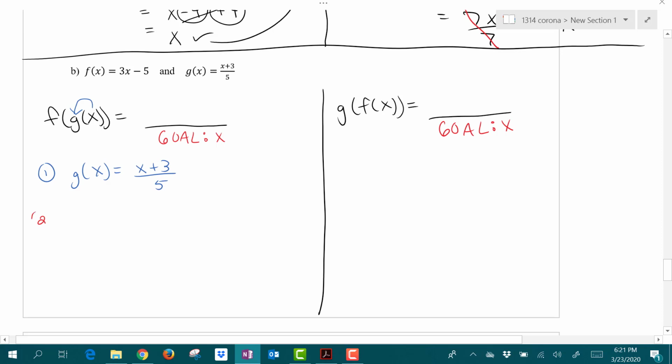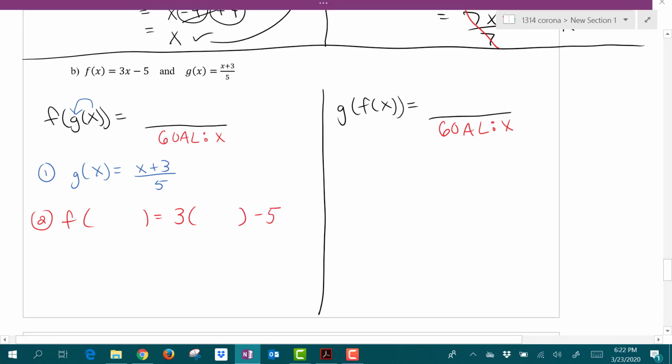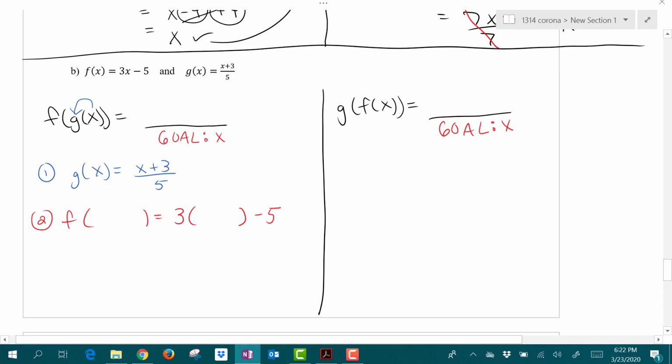Okay, so step 2 then would be to say take that result and drop it into that outer function. The outer function is 3x minus 5. So I'm going to put parentheses everywhere I have an x, and now I'm going to drop the result from the last step into the parentheses.